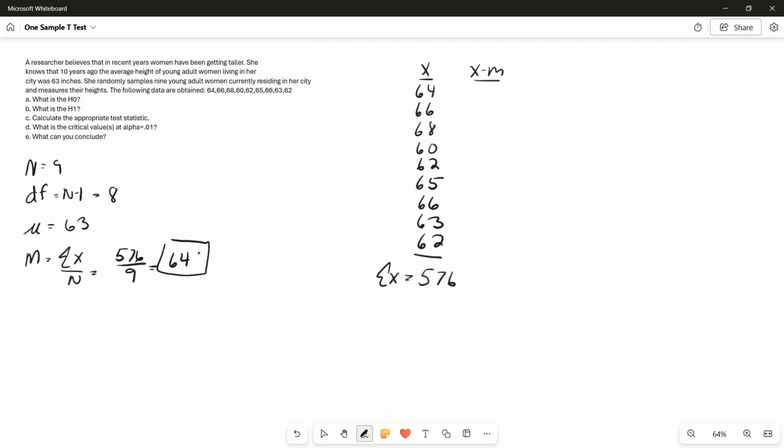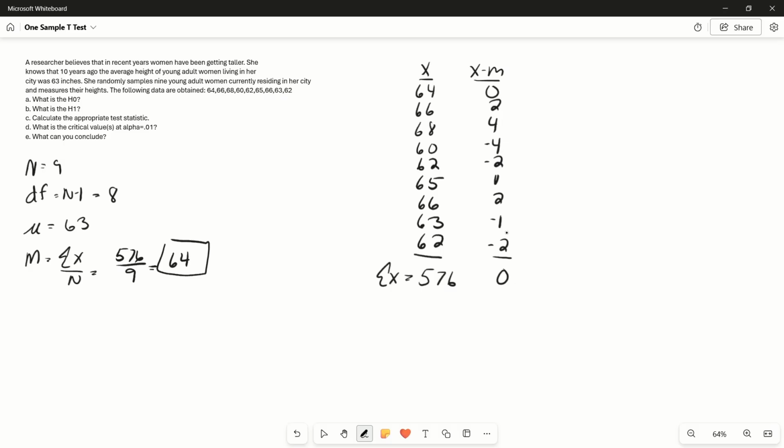So subtract 64. Since this is a nice round number, we're going to do the deviation scores again. Subtract 64 from all of these. Add these all up. You get 0.